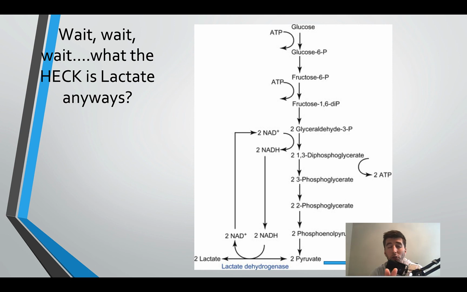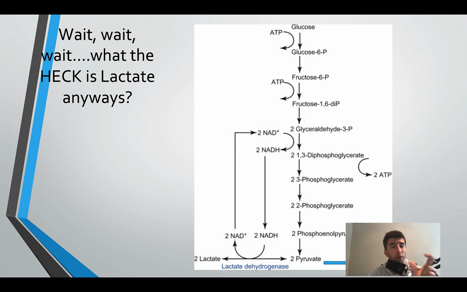There are actually two different fates for pyruvate. One fate, which is what we typically see with something like steady state exercise, is taking the two pyruvate molecules generated from glycolysis and moving them into the Krebs cycle, or the TCA cycle.